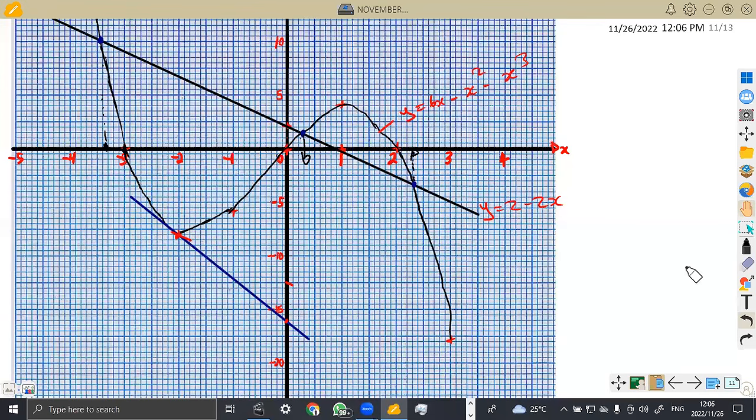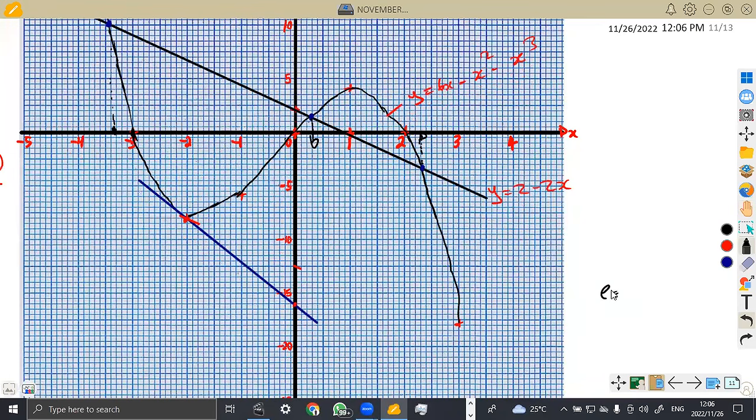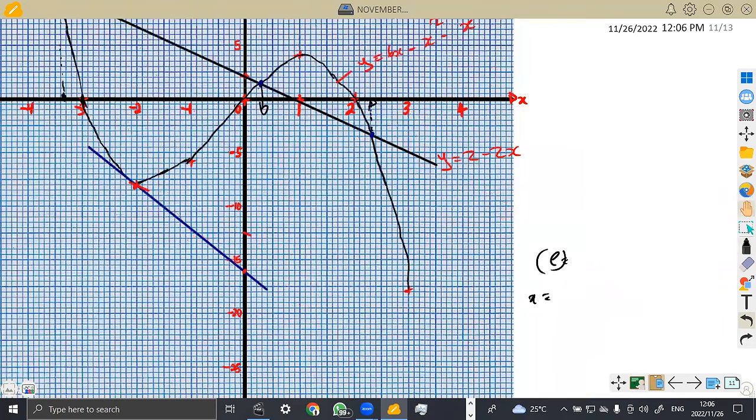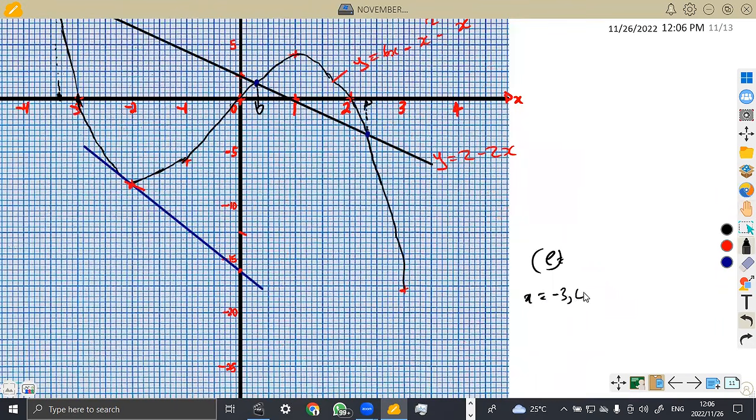So this was actually item E. According to the points that I got, x was at -3.4, somewhere there. I don't know what you have from yours, but the other point was something like 0.3, or another one at this point, which was 2.2, somewhere there.